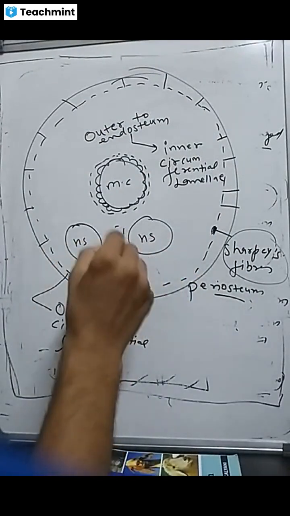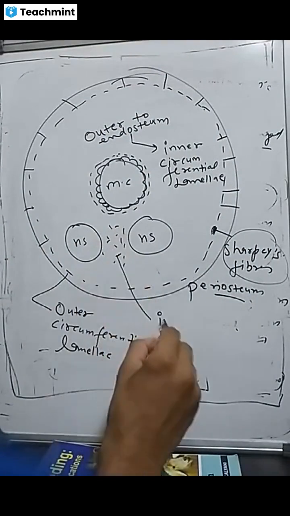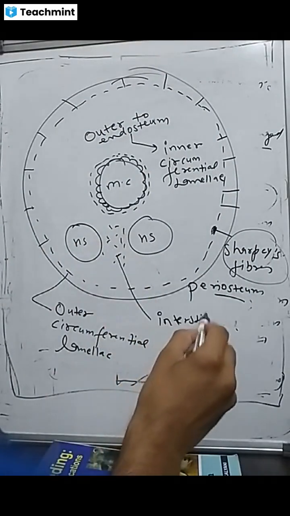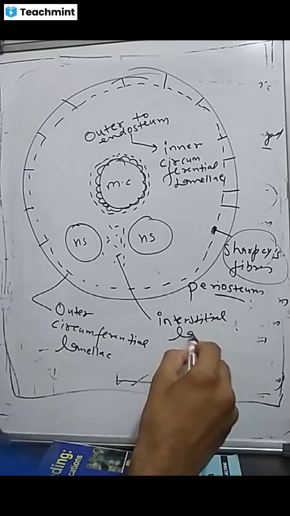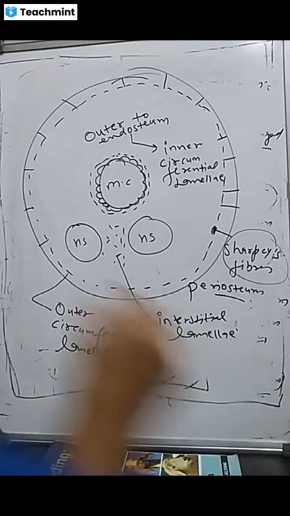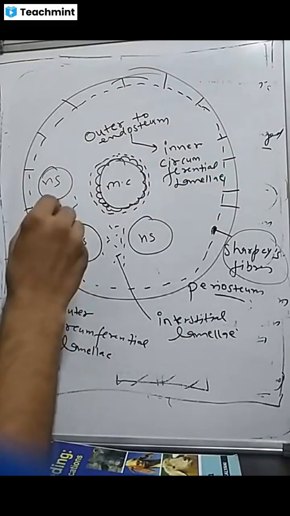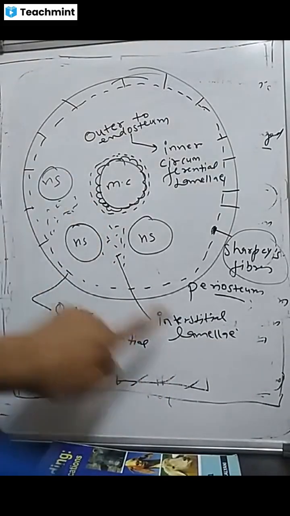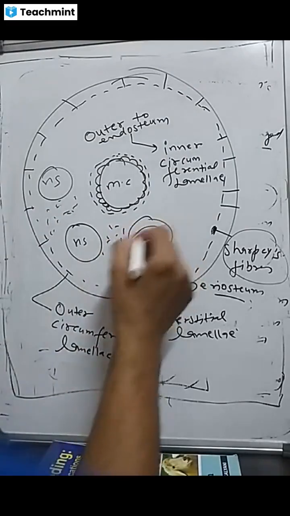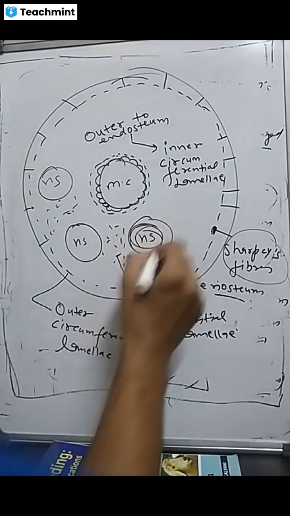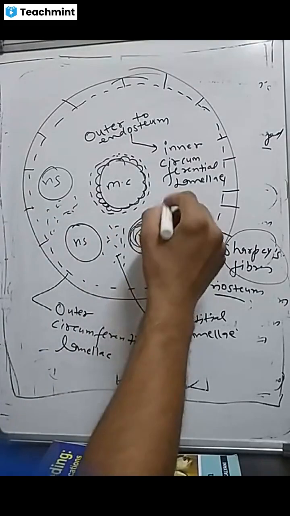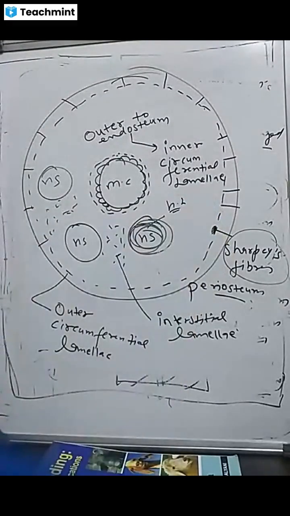In between the Haversian systems you have interstitial lamellae. Inside these are Haversian lamellae.